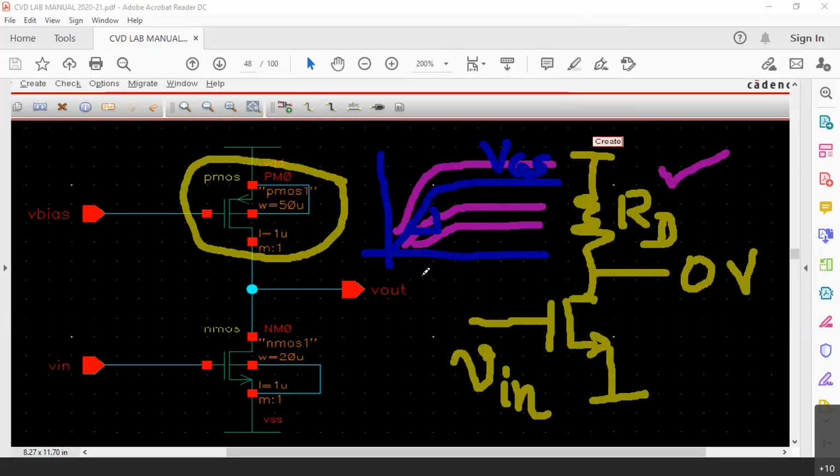So we can replace this resistor with the PMOS device by giving a V bias. You are seeing a V bias there. That V bias is basically VGS. So for a given VGS, we can fix the resistance of the transistor.